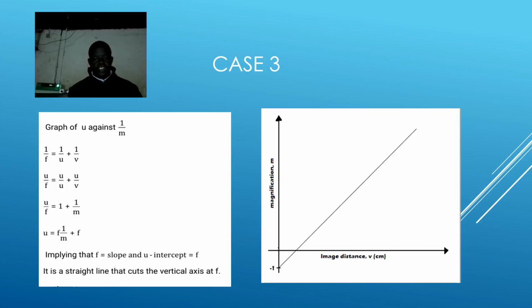Now it is a straight line that cuts the vertical axis at f, and the horizontal axis at -1, I mean.